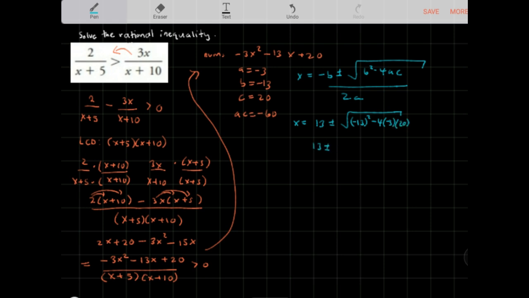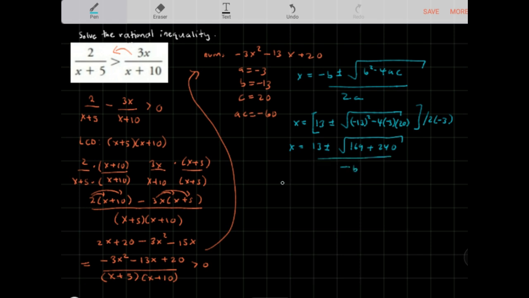You're going to get 13 plus or minus the square root of 169 plus 12 times 20, so 240. And this whole thing is divided by 2 times negative 3, so this is over negative 6.